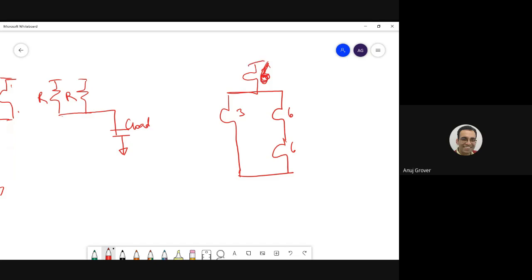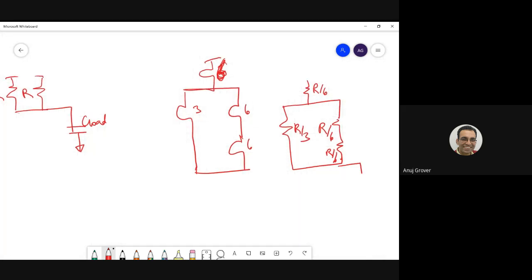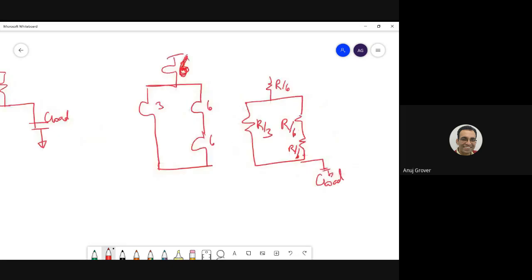Now you want to find its contamination delay. So first thing we do is R by 6, R by 6, R by 6, R by 3, and C load. So you can remove the top R by 6, because I want my source to drive two separate branches. Okay, so let's make a different model then.